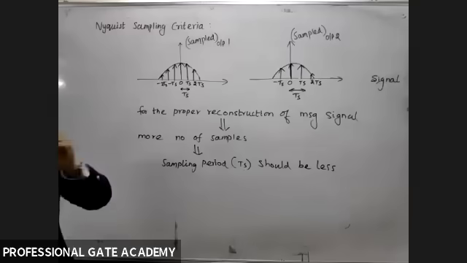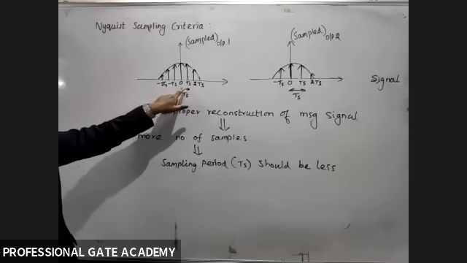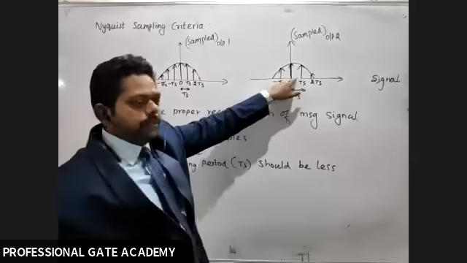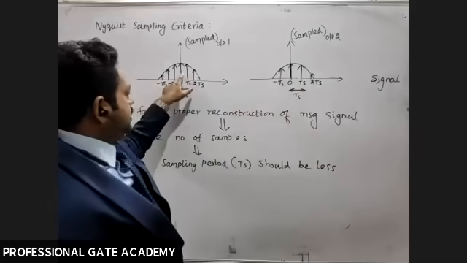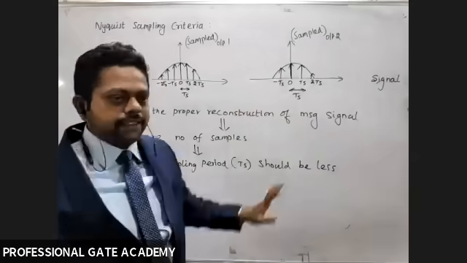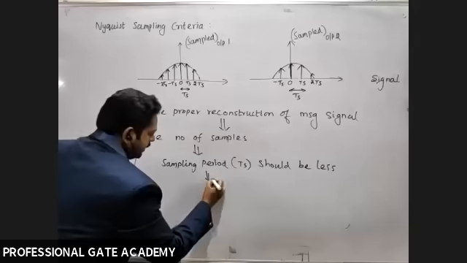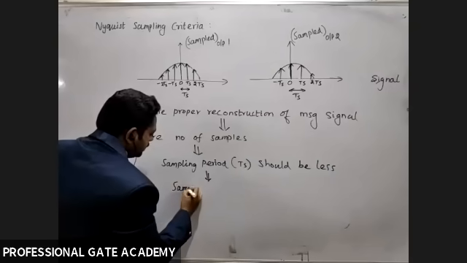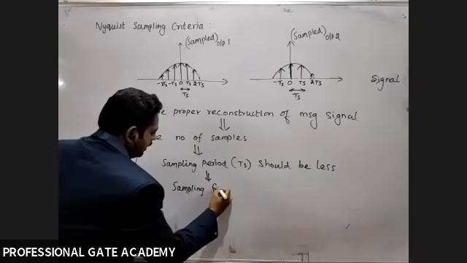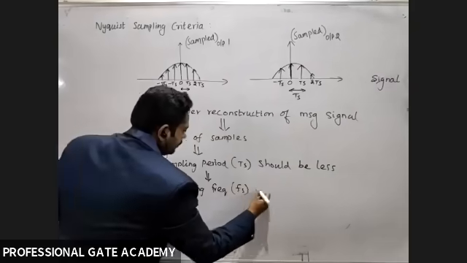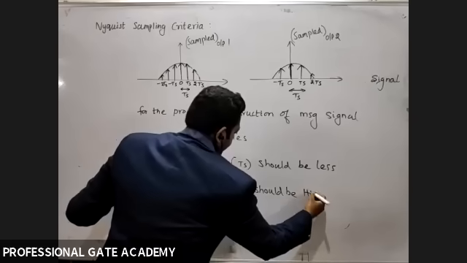To get more number of samples, see here the Ts value and here the Ts value. So if more samples, the sampling period Ts should be less. If the sampling period Ts is less, what about the sampling frequency Fs? Fs should be high. So this is the criteria.